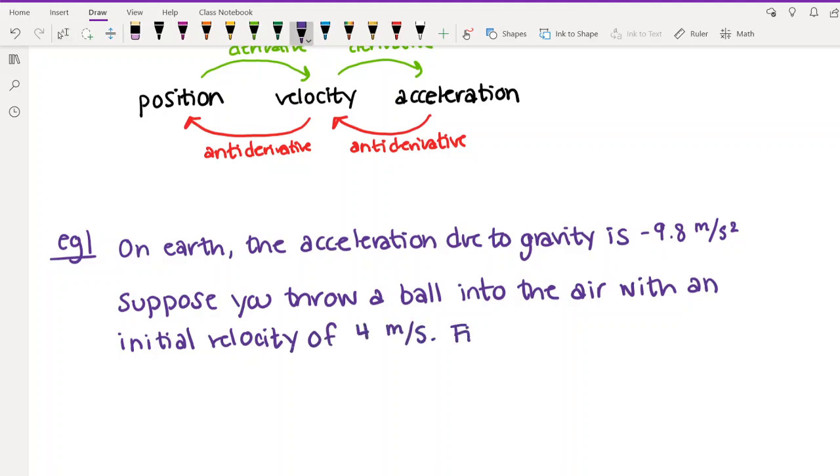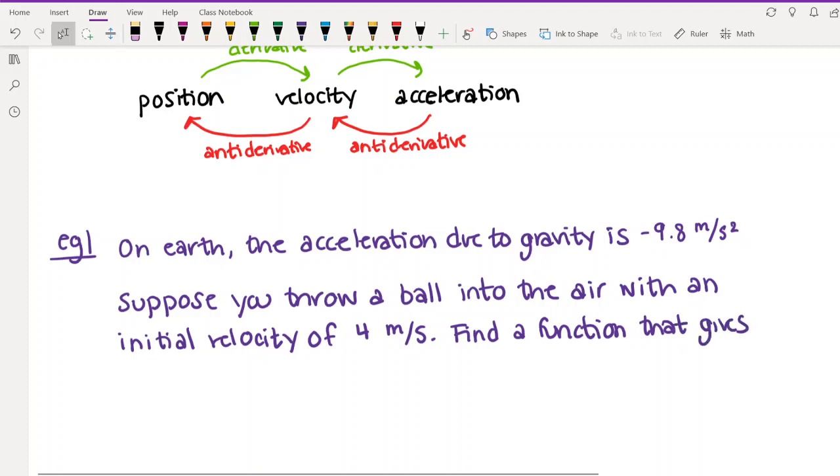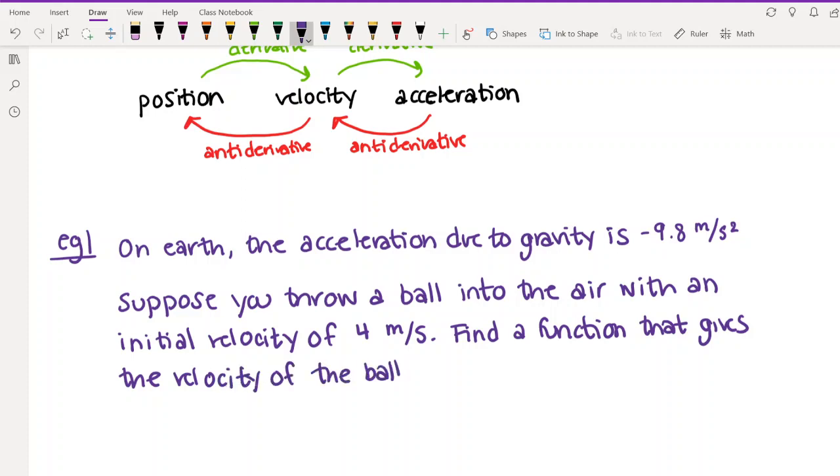And the first thing we're going to find is a function that gives the velocity of the ball after t seconds.